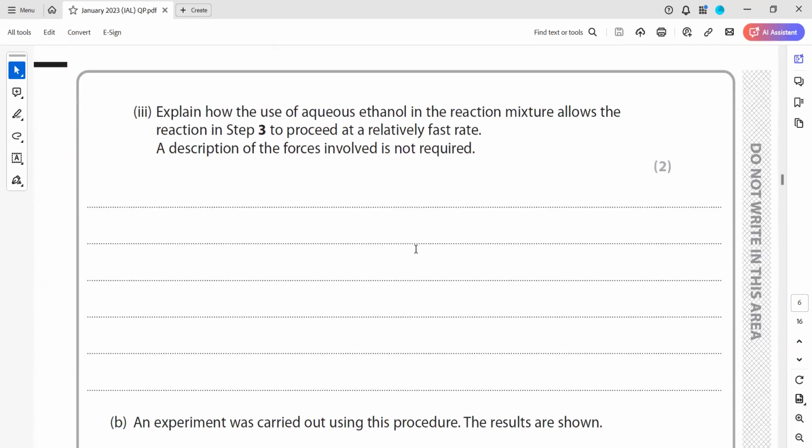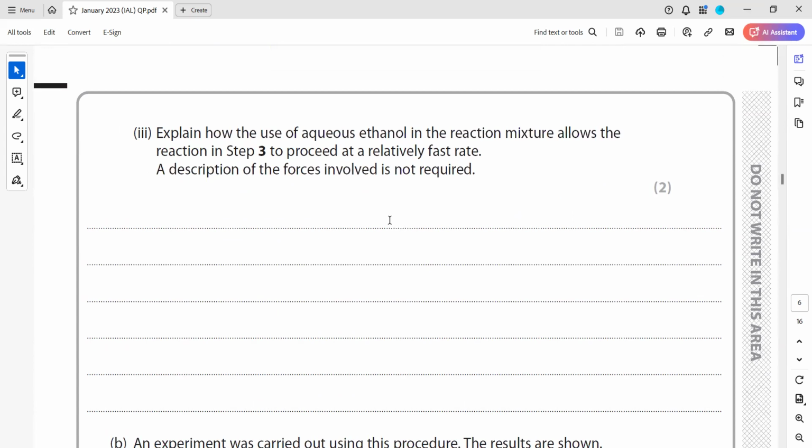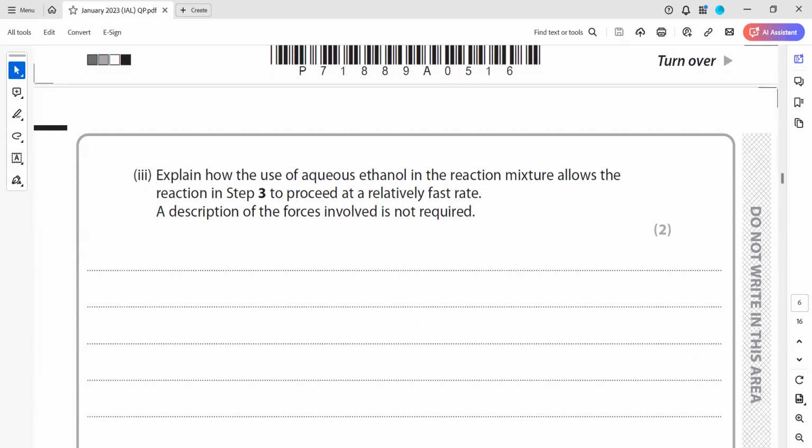Explain how the use of aqueous ethanol in the reaction mixture allows the reaction in step 3 to proceed relatively faster. Description of a force involved is not required. It's the same idea.